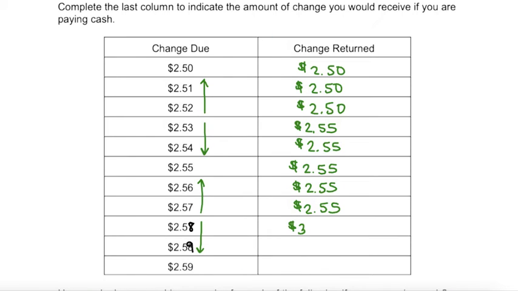This gets rounded up to $2.60. So this value right here should be a 60. And the $2.59 also gets rounded up to $2.60. So that's important to note as well. So 1, 2 gets rounded down, 3, 4 gets rounded up, 6, 7 gets rounded down, and 8, 9 gets rounded up.